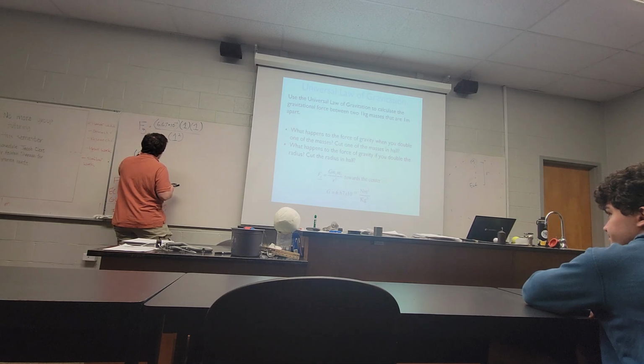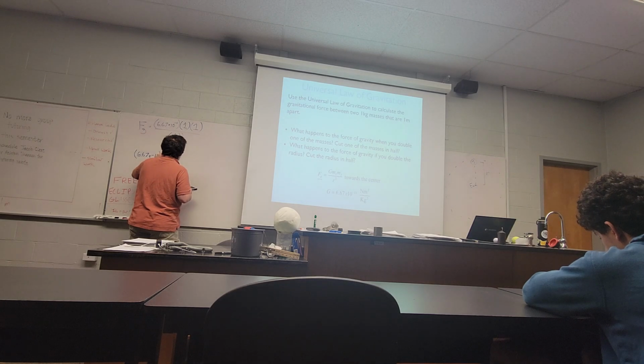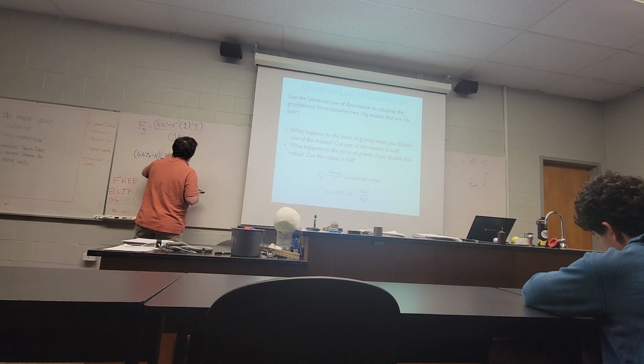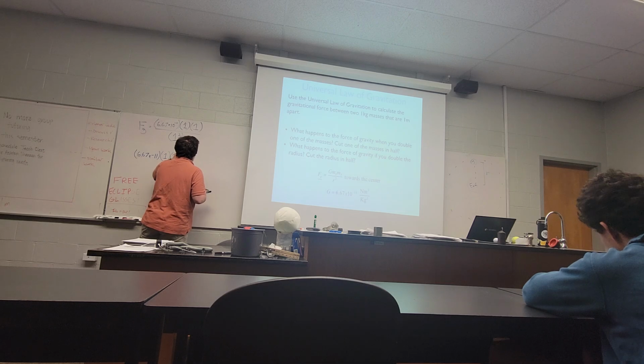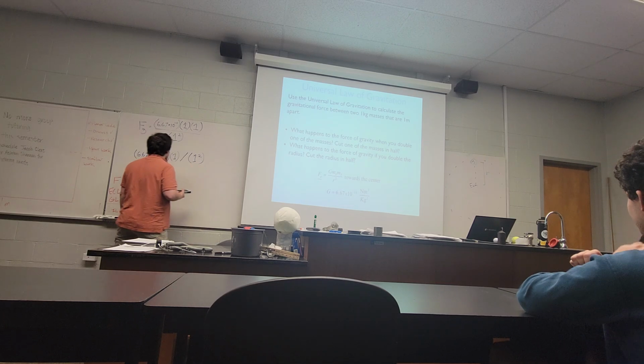6.67 e negative 11, open parentheses 1, close parentheses, open parentheses 1, divided by, open parentheses, squared, close parentheses.